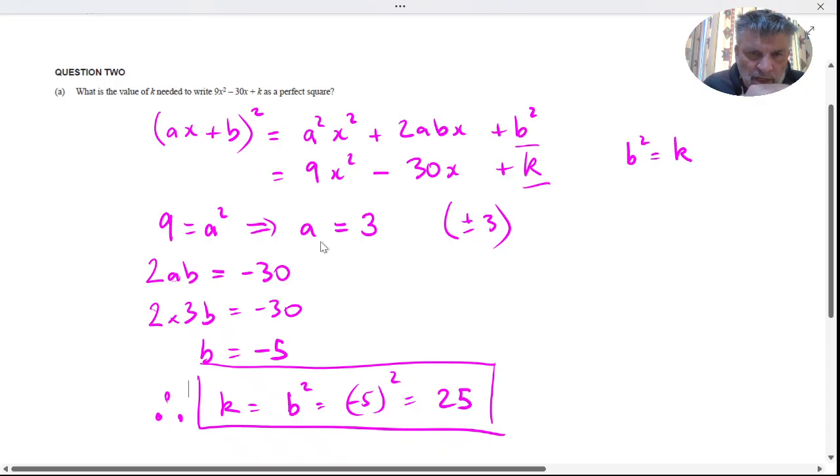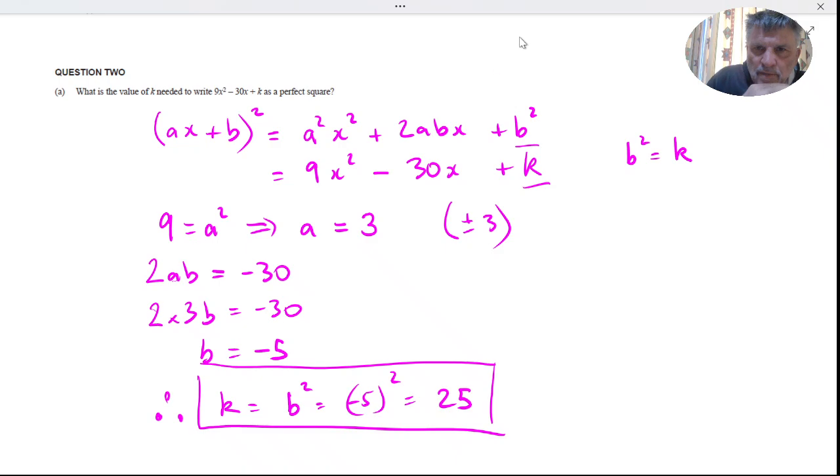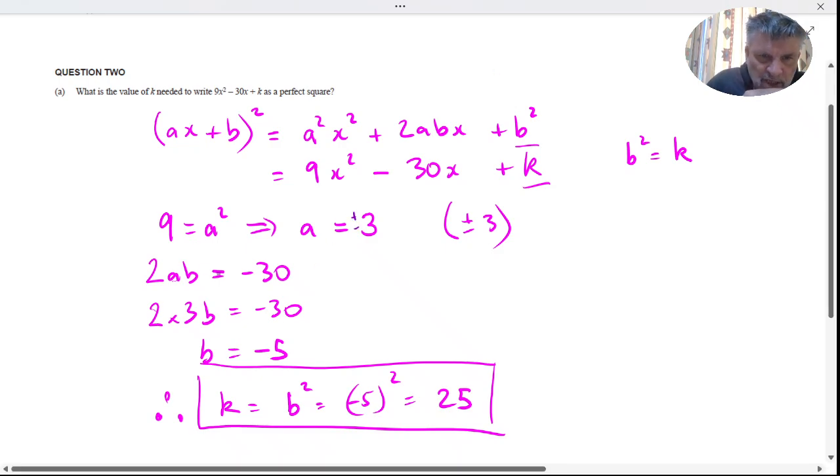If you put minus 3 in here, so if you put in plus or minus here, then you get plus or minus in here, and then you'll get minus or plus here, but when you square them, you still get 25. So both of these solutions for A give us the same value for K. K is B squared. It doesn't matter whether B is the positive or negative version of itself.